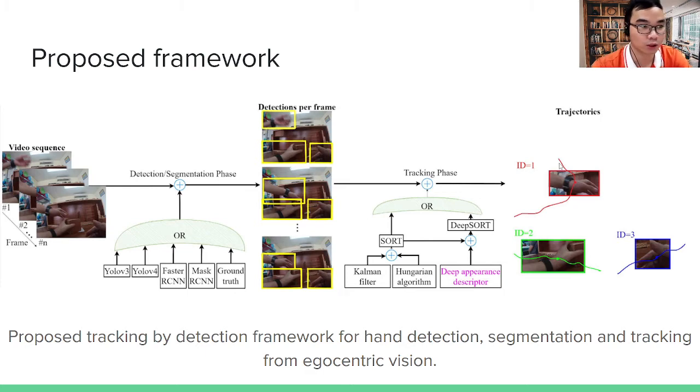Our proposed framework consists of two main phases. The first one is the detection phase, and the second one is the tracking phase. From the input video sequence, we will detect the bounding box and the class along with a confidence score of all the hands in the frame, and then all the proposed bounding boxes will be matched by applying a tracking algorithm like SORT or DeepSORT.